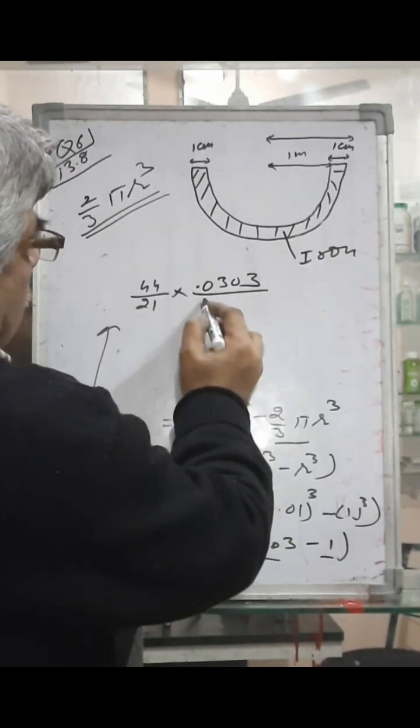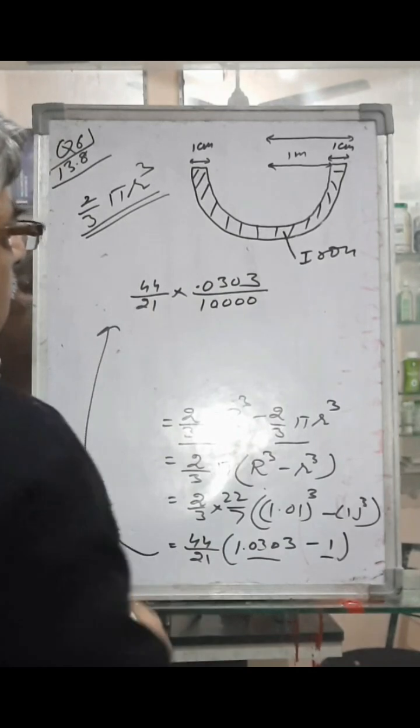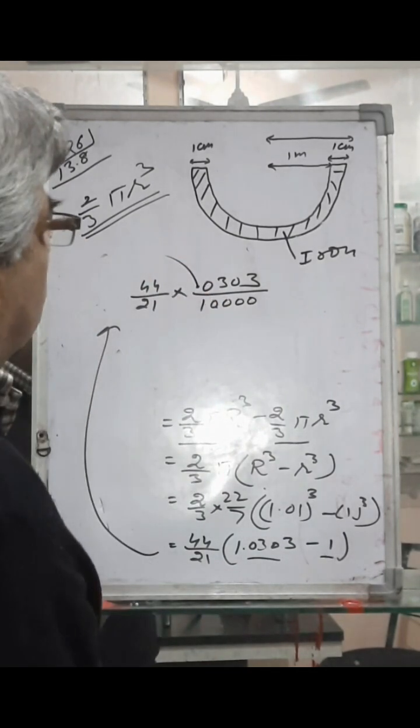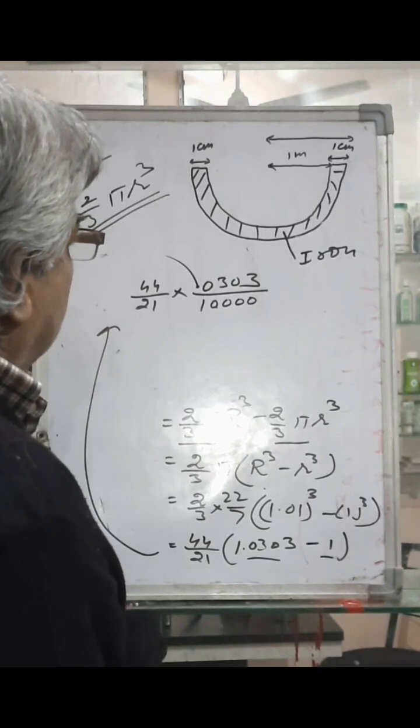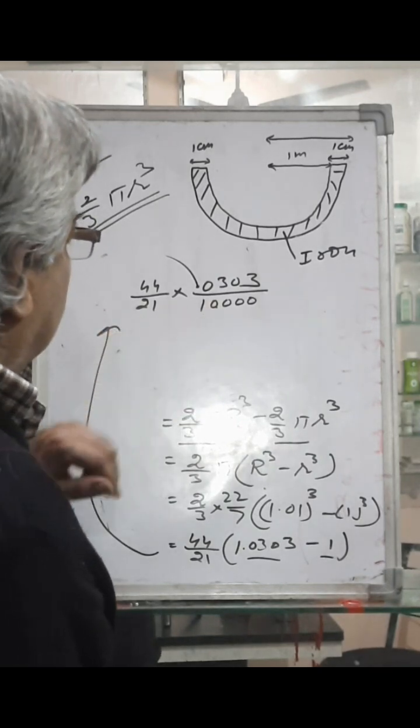Converting into fraction. So 0.0303 is converted into fraction by dividing it by 10,000.